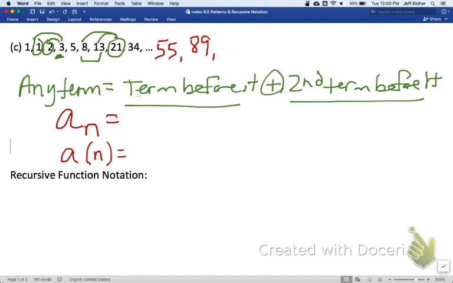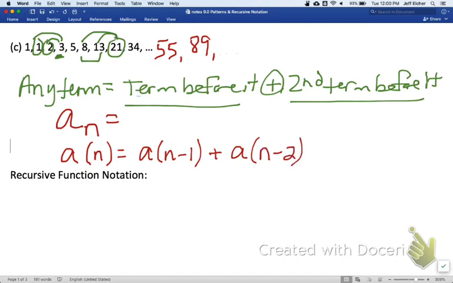So a of n is some term. So we would have the term before it would be n minus 1. So if you're on the 10th term, the term before it is the 9th, so you subtract 1 from that. And then you add that to the second term, the two terms before it, which would be n minus 2.